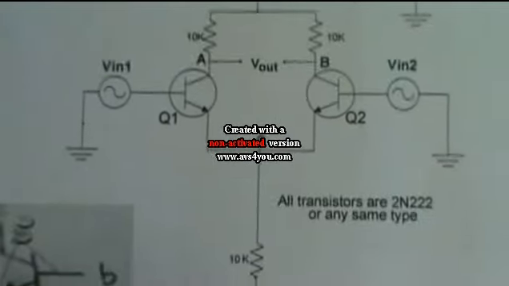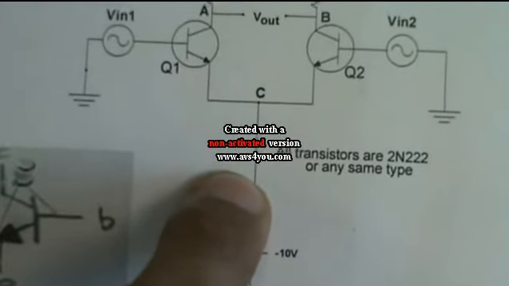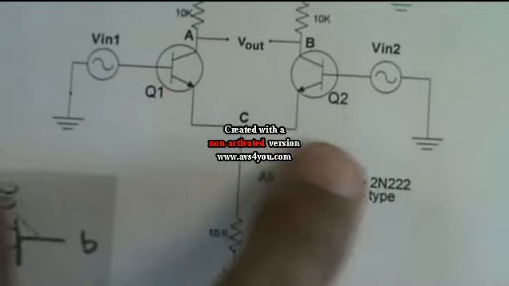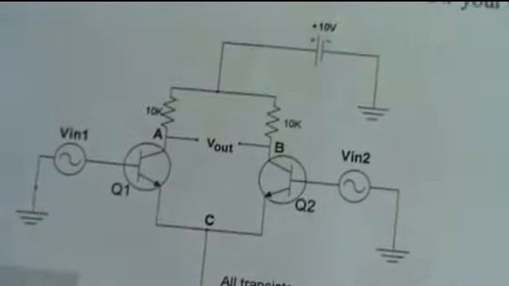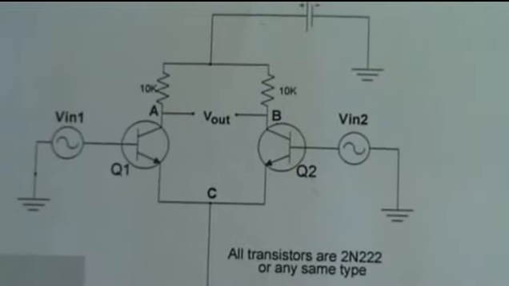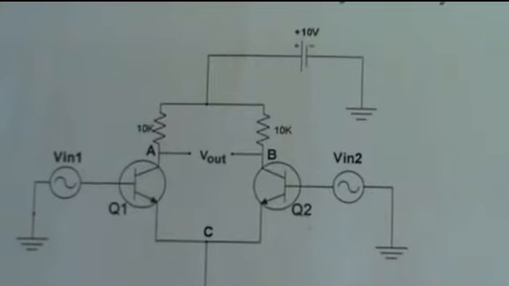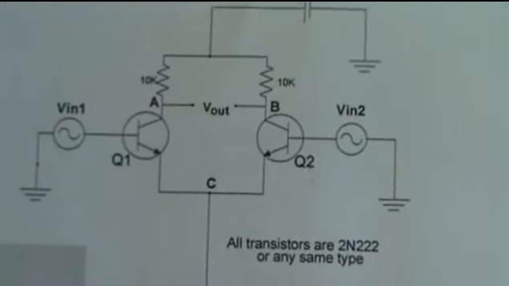Find out theoretically the emitter current, the supply source current capital I, emitter currents, and collector currents at both the collectors of transistors Q1 and Q2, and terminal voltages A, B and C. Supply voltages are plus or minus 10 volt.